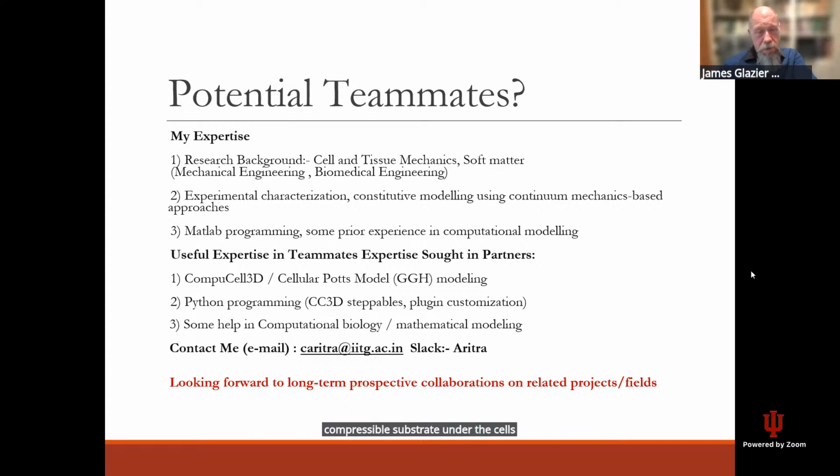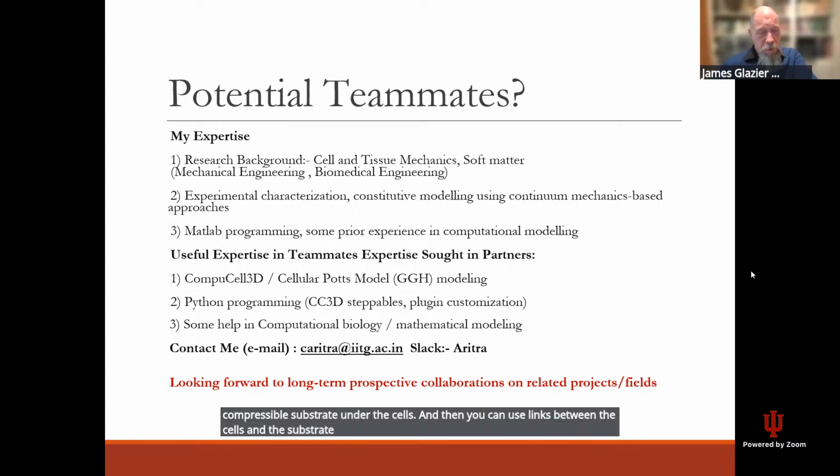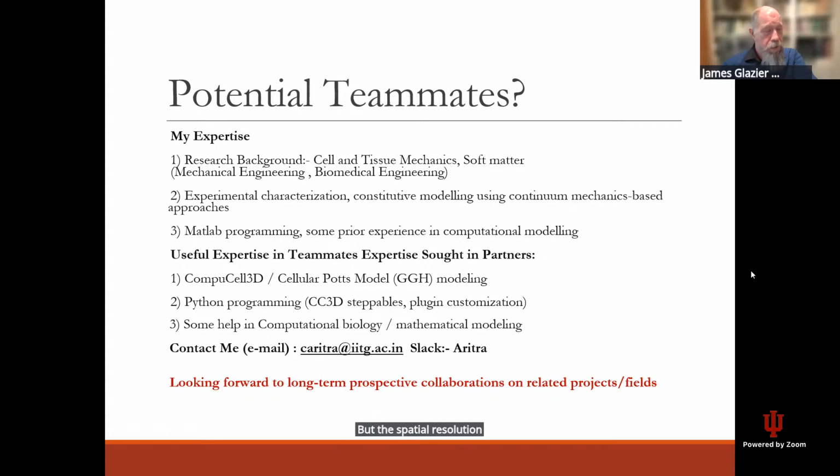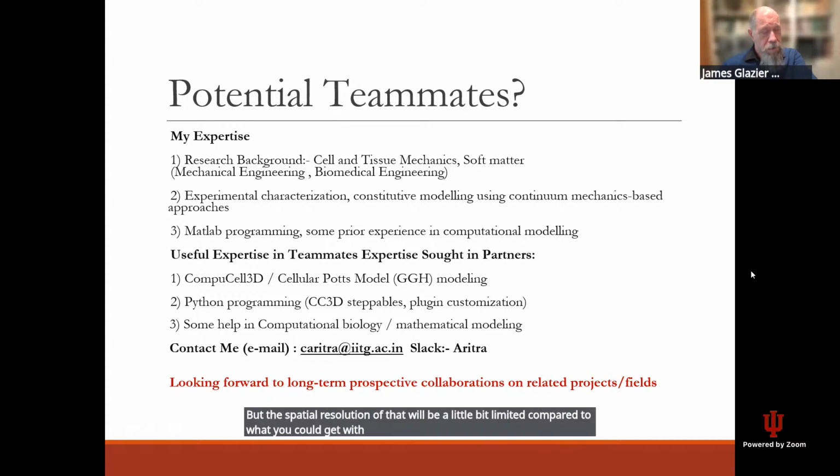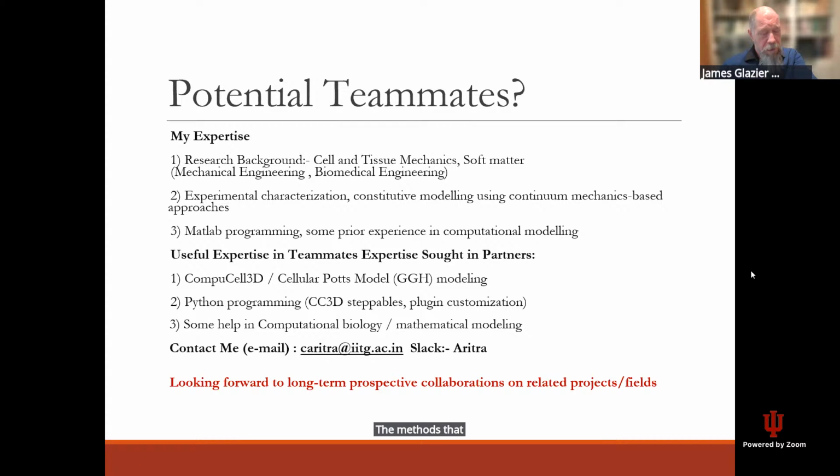And then you can use links between the cells and the substrate. But the spatial resolution of that will be a little bit limited compared to what you could get with the methods that Roland developed. But I think for the hackathon, this is a great place to start.